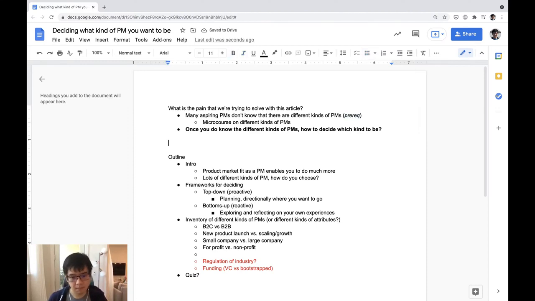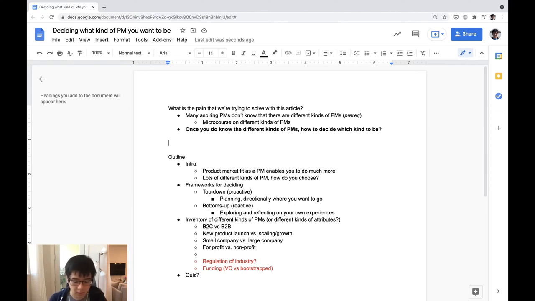So one of the challenges that I need to work through as I'm writing this is the difference in terms of audience for how much experience they have, right? Maybe they are an aspiring PM and they just straight up don't know the different kinds of product managers. So I need to be able to help people like that. But on the flip side, there are also a lot of experienced PMs who are very curious: how do I decide what other kinds of product I want to do?